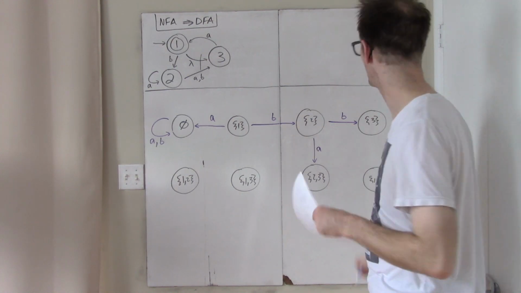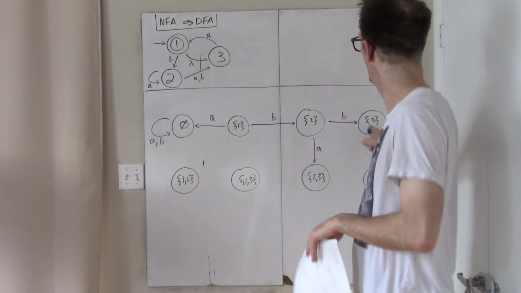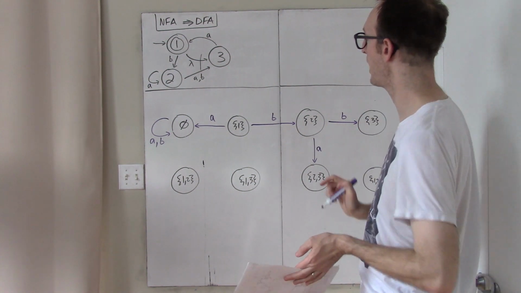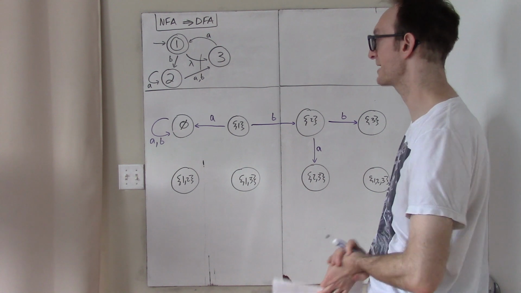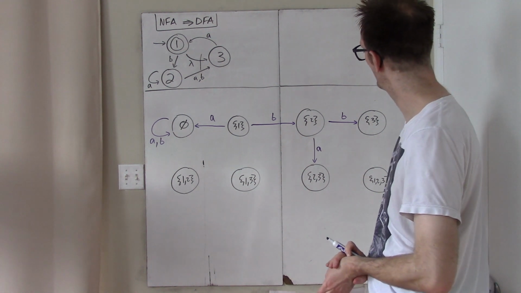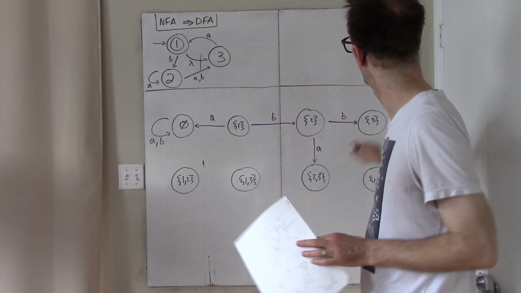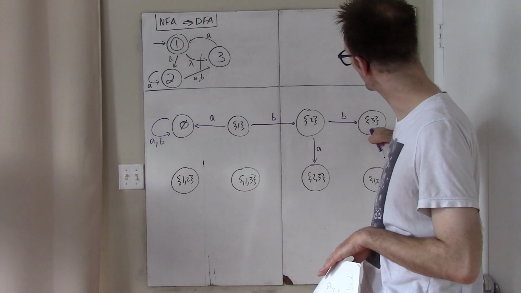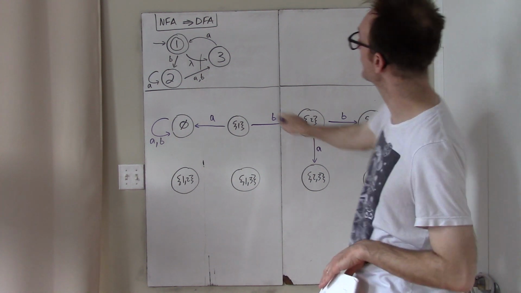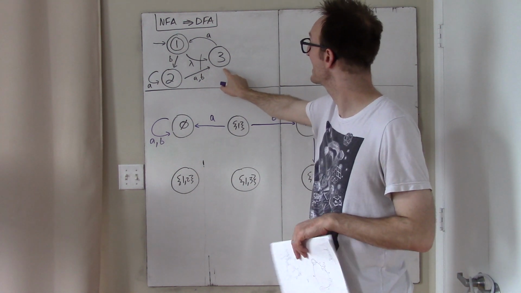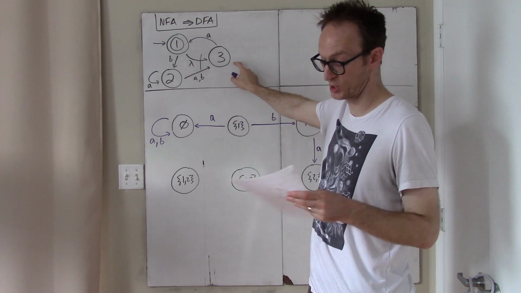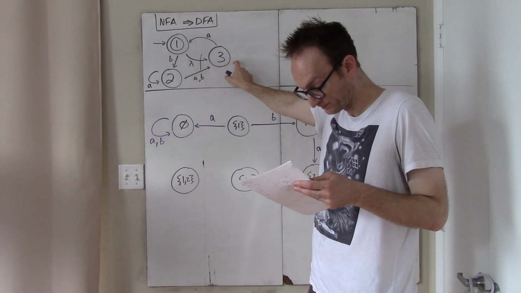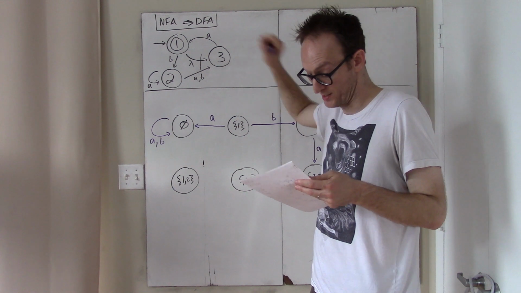Great. What if I am in state 3? I'm just kind of following along in some kind of depth first type way, I guess. If I'm in state 3 and I read an A, I'm supposed to go to state 1.